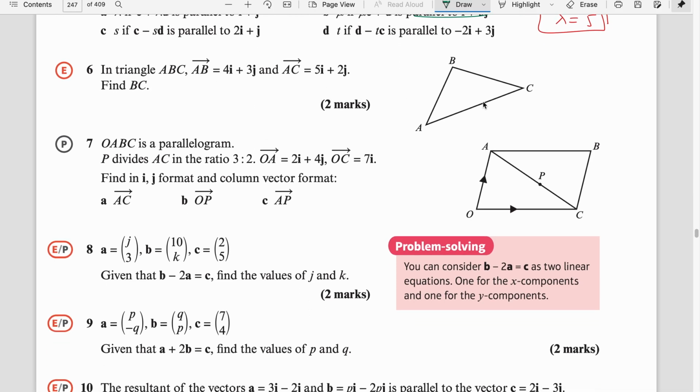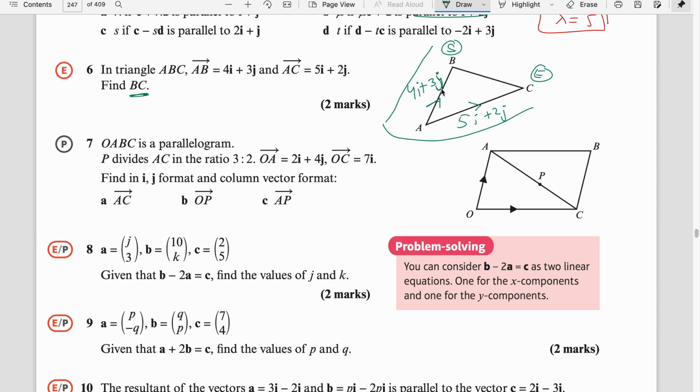In triangle ABC, AB is 4i plus 3j, AC is 5i plus 2j. It says find BC, so we start from B and we end at C. So BC is this plus this. Don't forget that AB is given and AC is given.